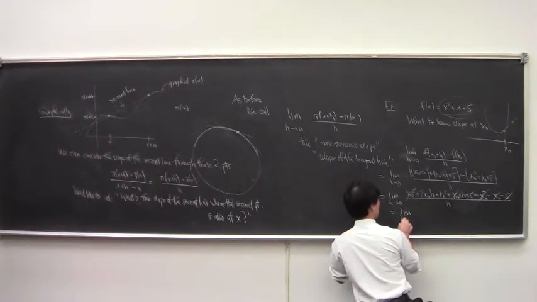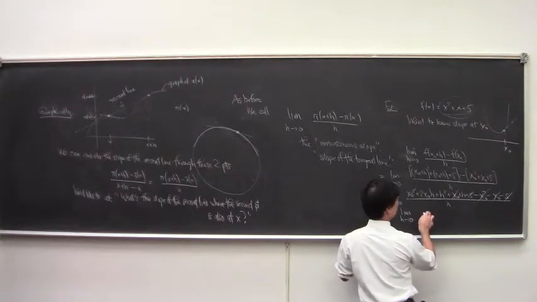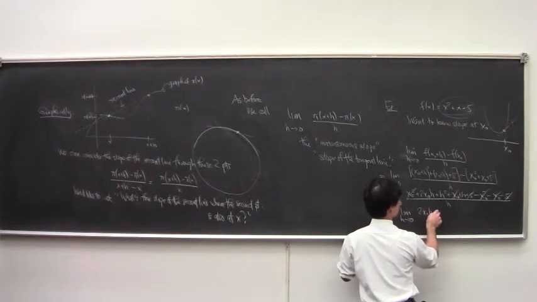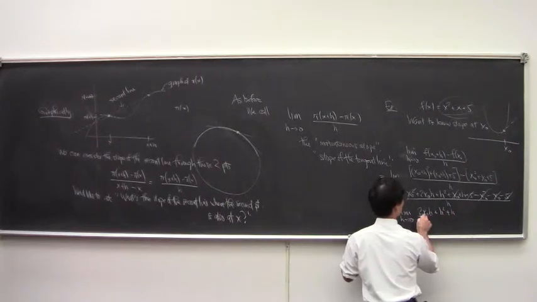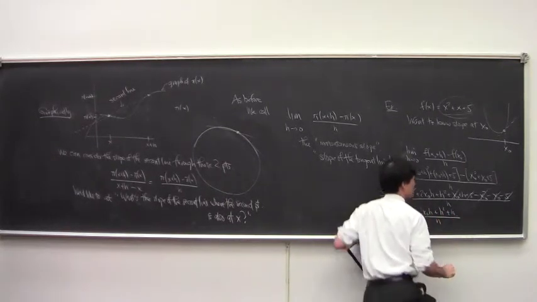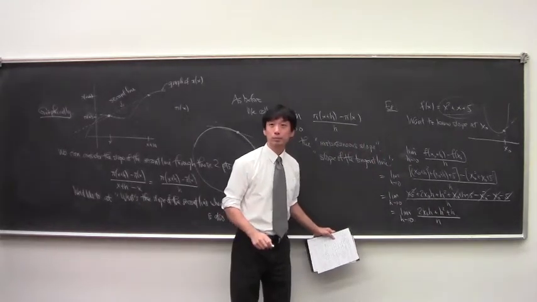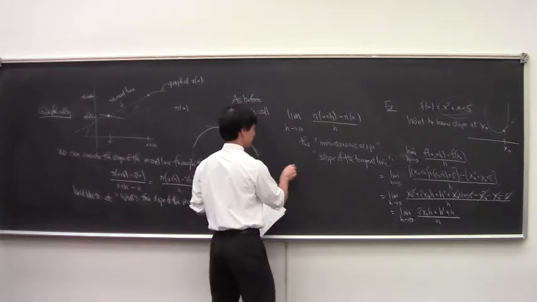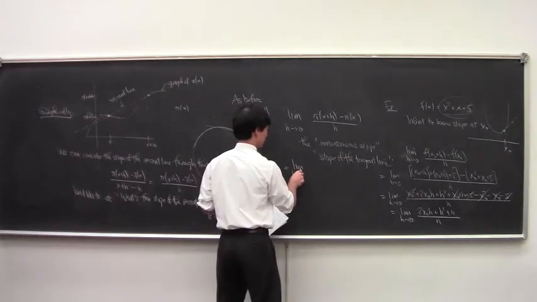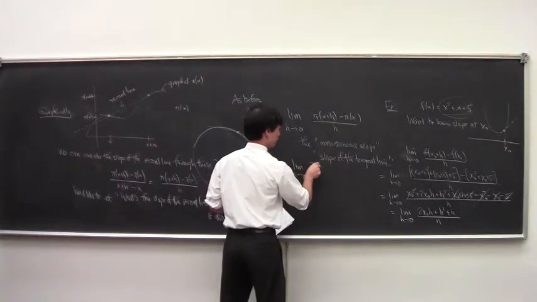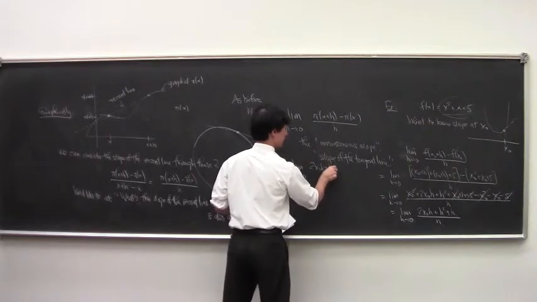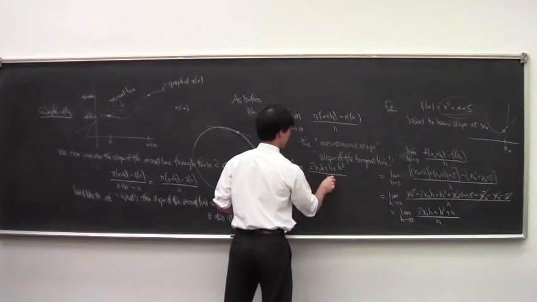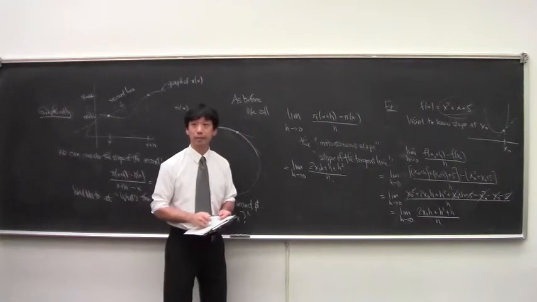You get the limit as h goes to 0 of 2 x naught h plus h squared plus h, over h.